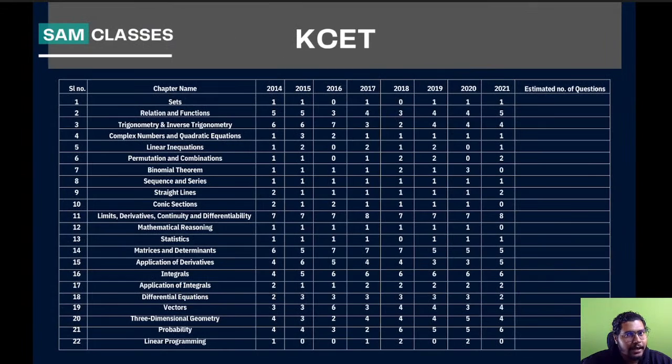And today, from maths point of view, we'll be just discussing the maths part. Every day we'll do one thing. One day maths, one day physics. So today we'll be talking about how to make a simple, easy plan and how to solve the questions and how to make the chapter very easy for the revision part. We'll have the KCET analysis.